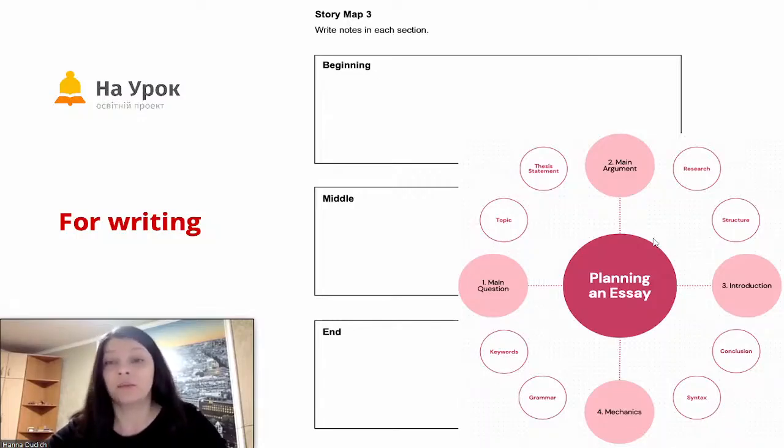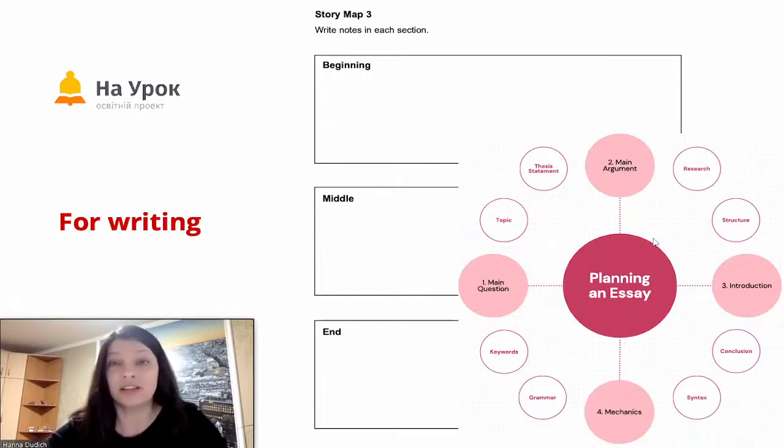Then the main argument. What argument would be for or against this question? Then different activities or different words which can be used for introduction. Grammar, keywords. So what grammar would they use while writing this kind of essay?